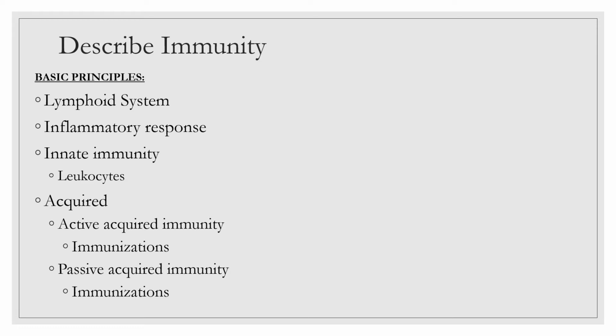Let's start with the left side first. We'll talk about natural immunity, which is also known as native, or at birth, or innate, or non-specific. You may see all of these different terminologies used from time to time when we're talking about natural immunity.